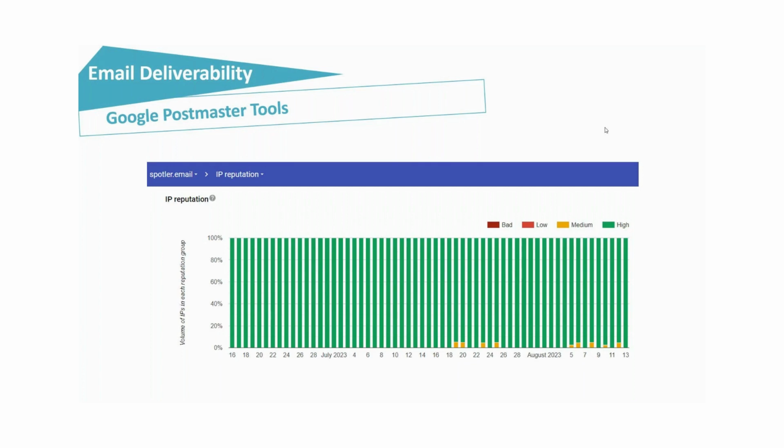So whether you're in a shared pool or on a dedicated IP, you would be able to see that. And if it looks bad or low, you could question with the ESP why you're on an IP that isn't too good. But we watch those things to make sure that isn't a question we would get asked. But you can have access to the data if you set up the account.